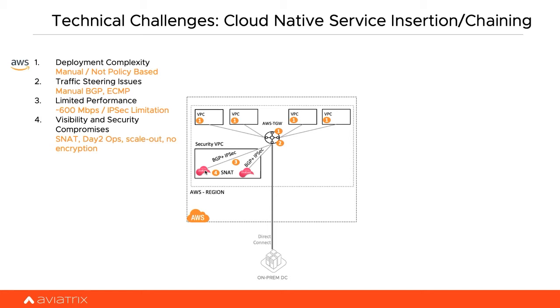Then another challenge is about the traffic steering. How would you steer the traffic towards these CloudGuards? So what customers typically do is create the IPsec tunnel so that they can provide this active CloudGuard in AWS. And in that process, they need to build IPsec, they're talking about BGP, configuring ECMP, the equal cost multipath.